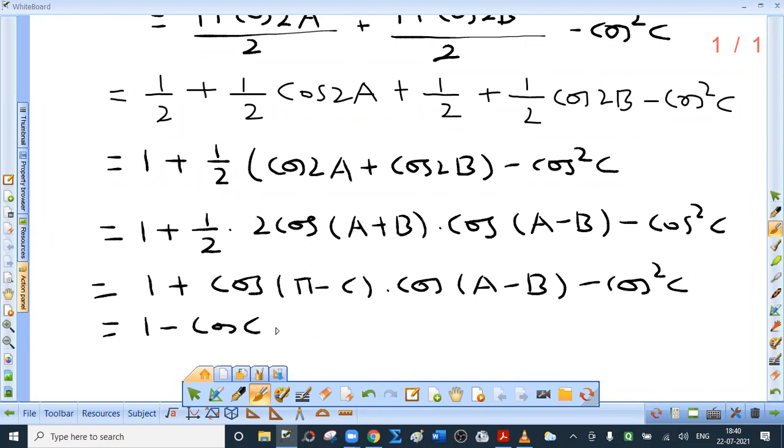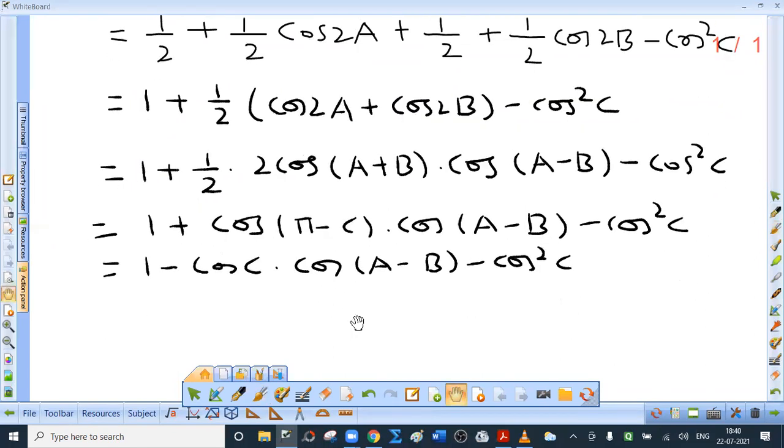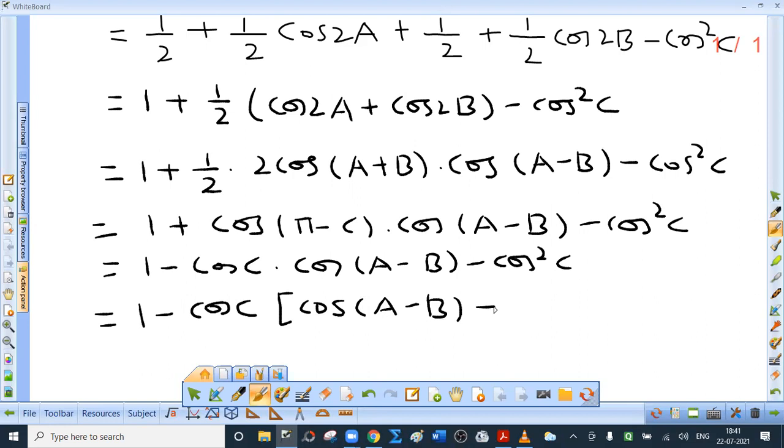So minus cos C into cos of A minus B, minus cos square C. Yes, I can take minus cos C common to get in the bracket cos of A minus B. Just a moment. If minus cos C is taken common, what remains in the bracket? In fact, it will not be minus. When I take the minus sign common, it will be plus, right?